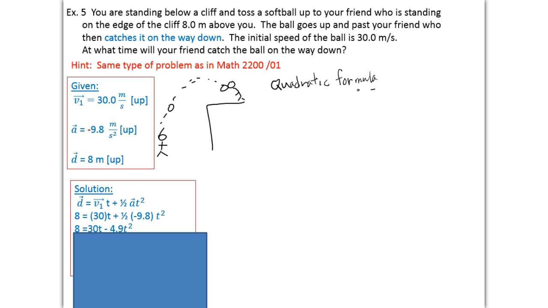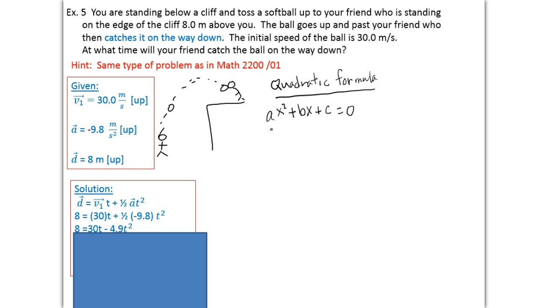What the quadratic formula states is that when you have a quadratic written this way, ax squared plus bx plus c equals 0.